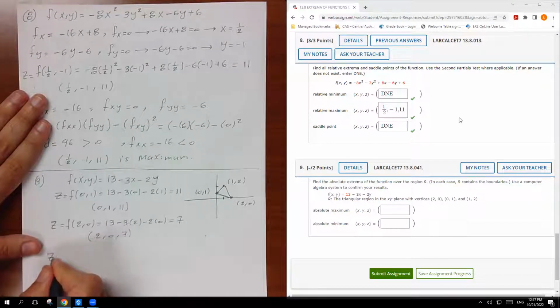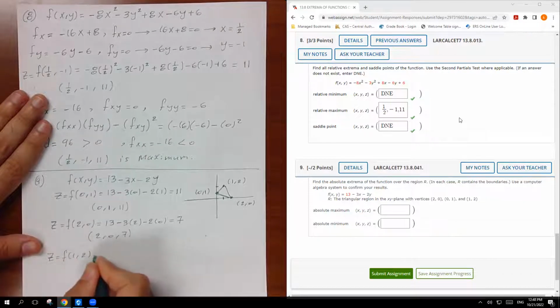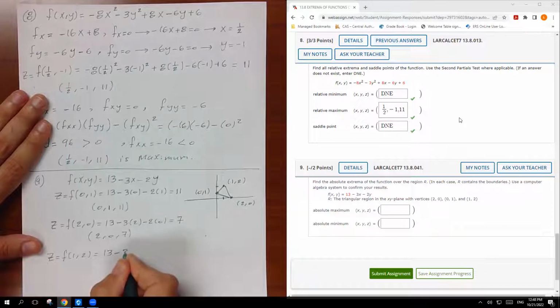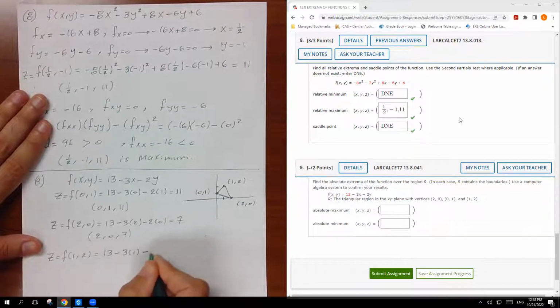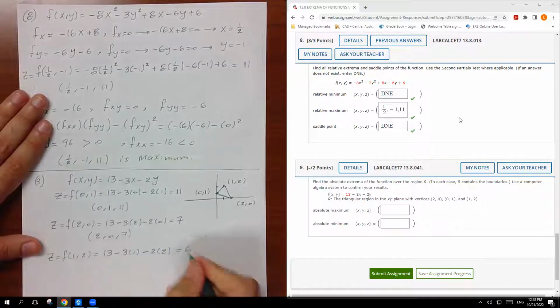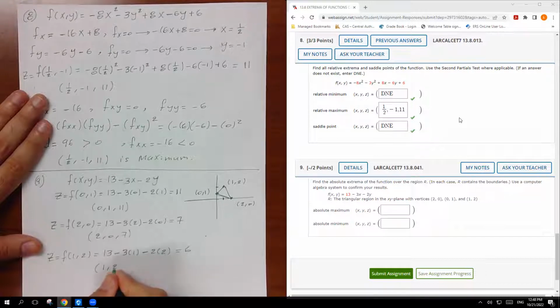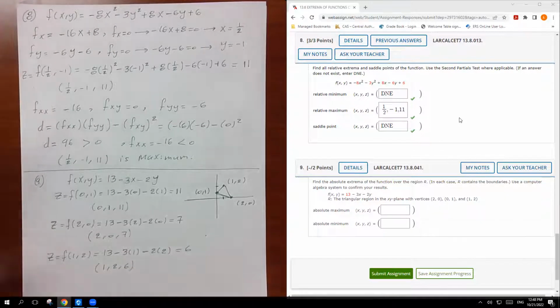And the third point is f of (1, 2), which is 13 minus 3 times 1 minus 2 times 2. 13 minus 3 is 10, and 10 minus 4 is 6. So the third point is (1, 2, 6).